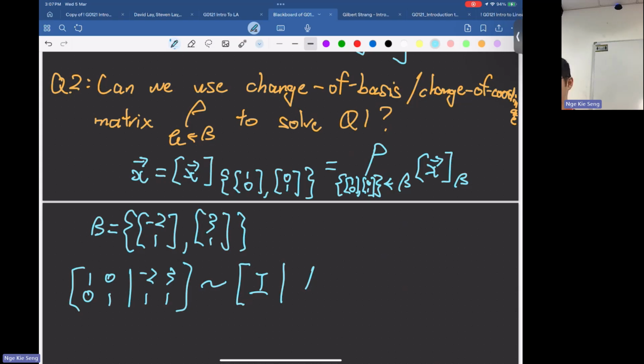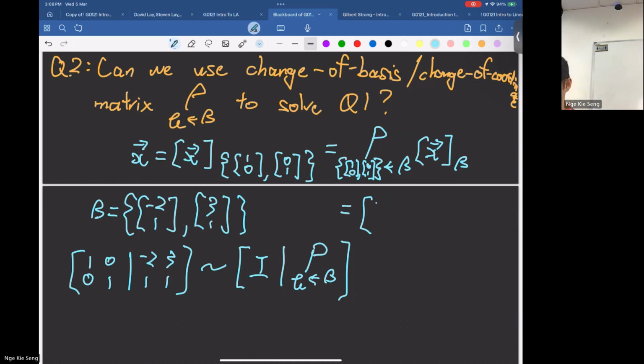What's left over is your change of basis matrix. But in this case, it is already the identity, so your change of basis matrix is just 1, -2, 3, 1.